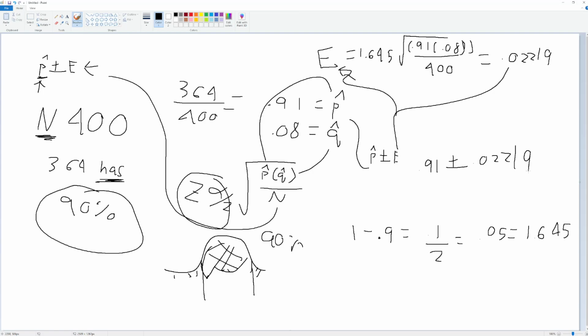0.91, we'll start with minus 0.02219, and we get 0.88781, comma, so on the positive value. All we do is change that negative to a positive, and we're left with 0.93219.